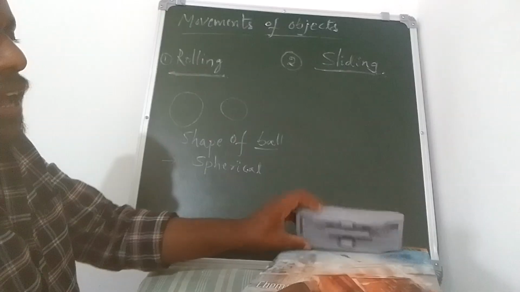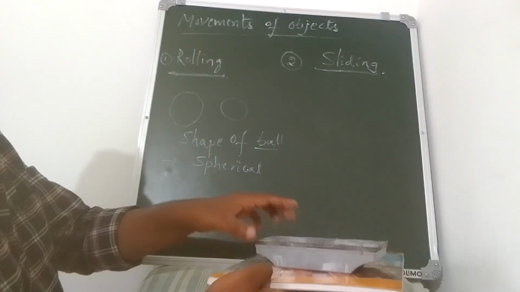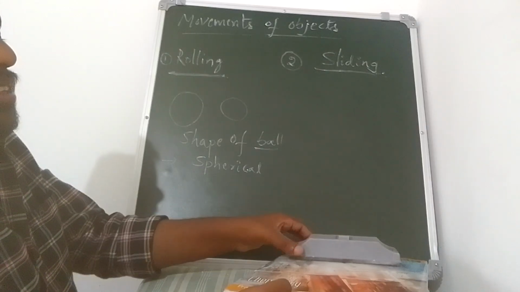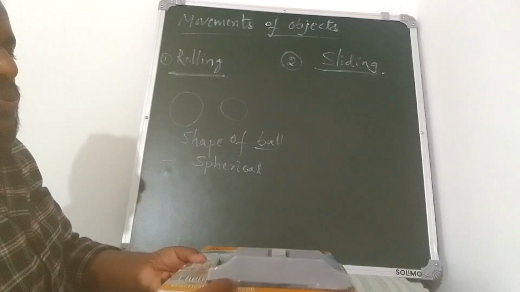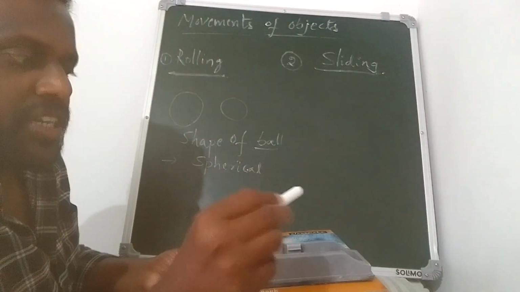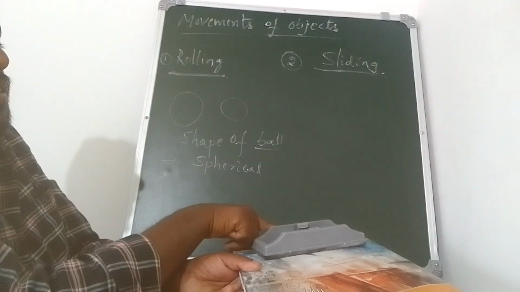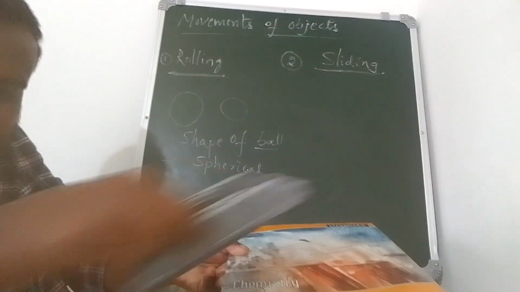The chalk piece moved like this, right? But this duster is not moving like this. When I push like this, it is moving like this. So the chalk piece moving is rolling. This duster is moving like this, so this is called sliding.